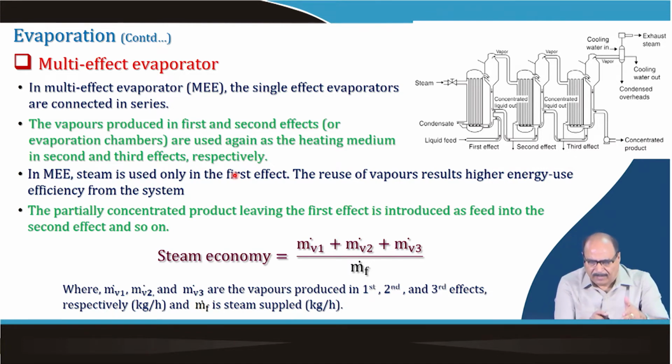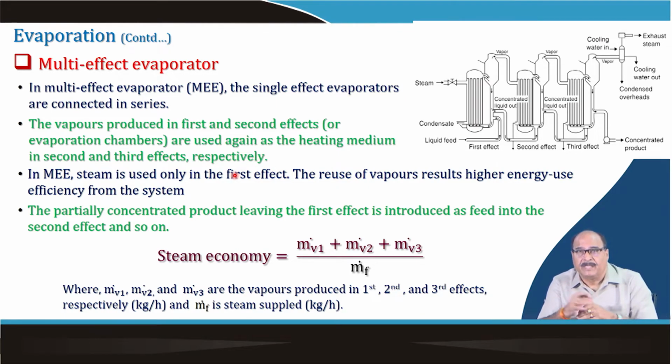Okay. In the first effect, steam or hot water is used to create the vapors, and then the output of the first effect, that is the vapors, becomes the input. It goes to the second evaporator and is used for evaporating the liquid, and then the vapors generated from the second effect are taken further to the third effect.